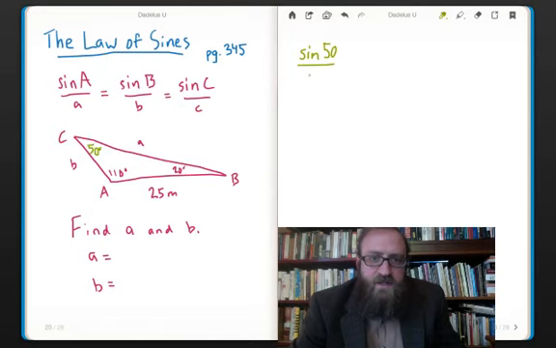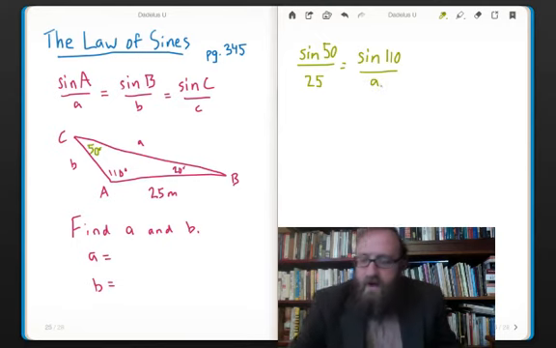ratio. In other words, the sine of 50 over 25 is equal to the sine of, let's start with A. Let's solve for A first. That makes sense. Now, look, the angle opposite side A is angle A, and that's 110 over A. That's simple, right?